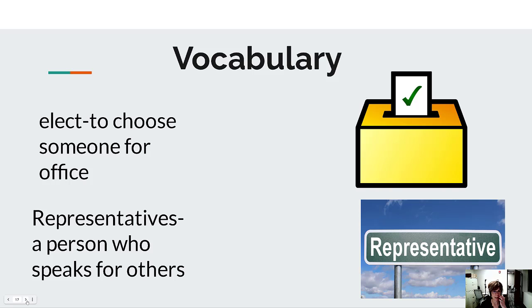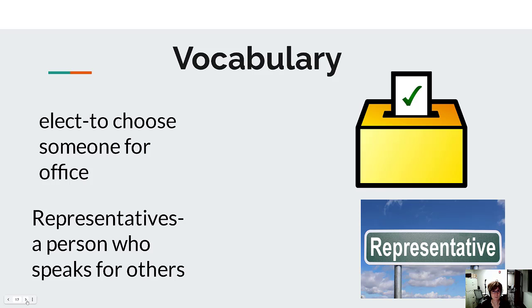Today we're going to be talking about student council, so maybe your class will elect someone to be your representative on student council. And the second word is representative, and this is a person who speaks for others. So perhaps you have elected a class representative who's going to go to the teacher and speak on behalf of the entire class to say that you would like some extra recess time.